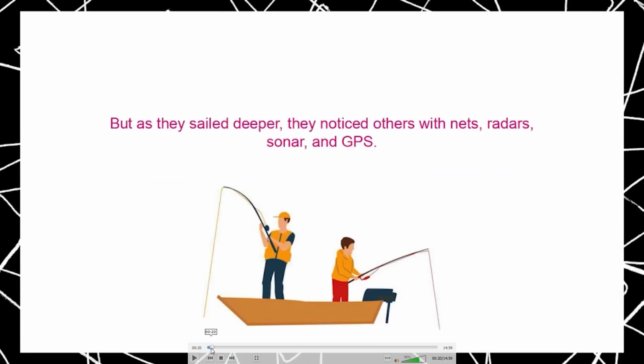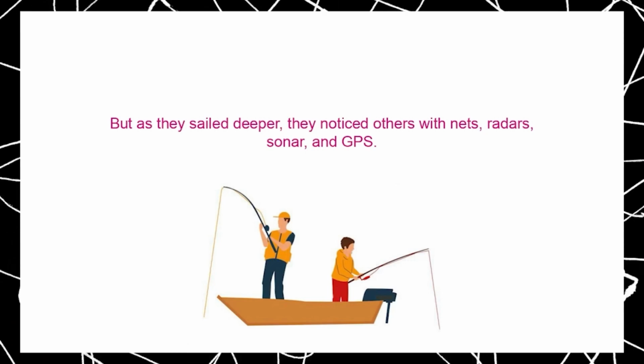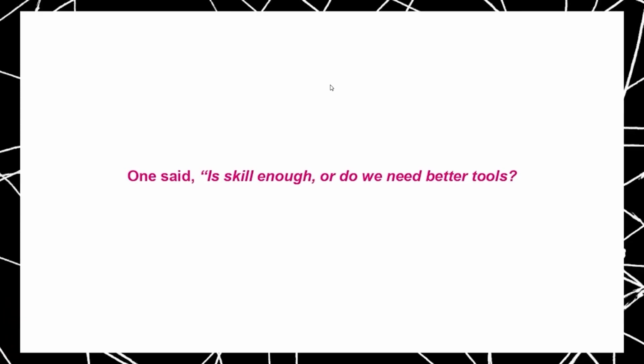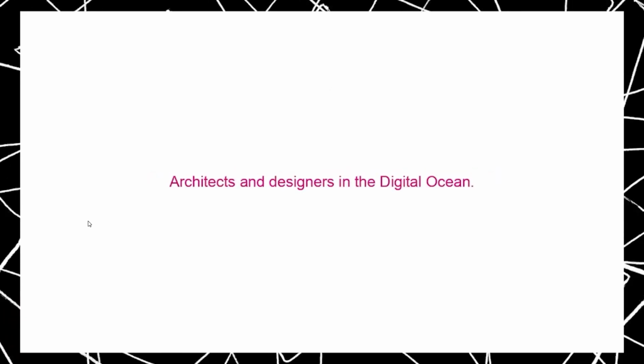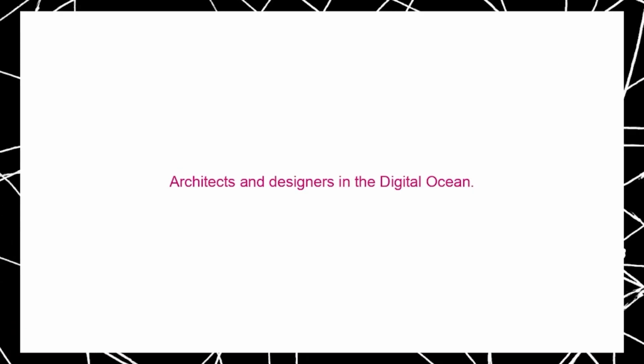After going deeper, he got to know that people are using radars, sonars and GPS. So if we are sitting in basic tools like SketchUp, we are not going to succeed in our future. That's how architects and designers are in the digital ocean.